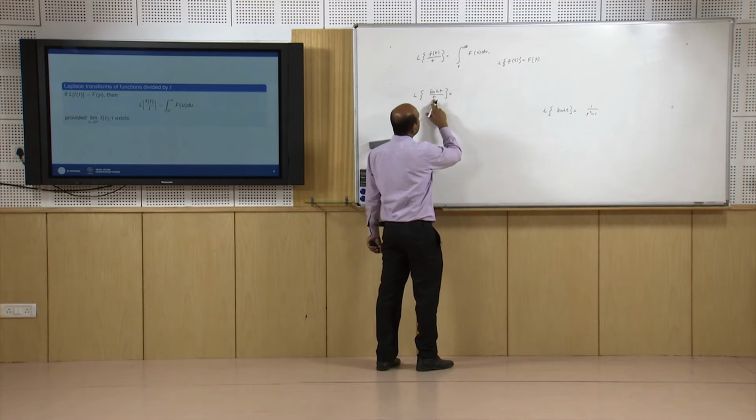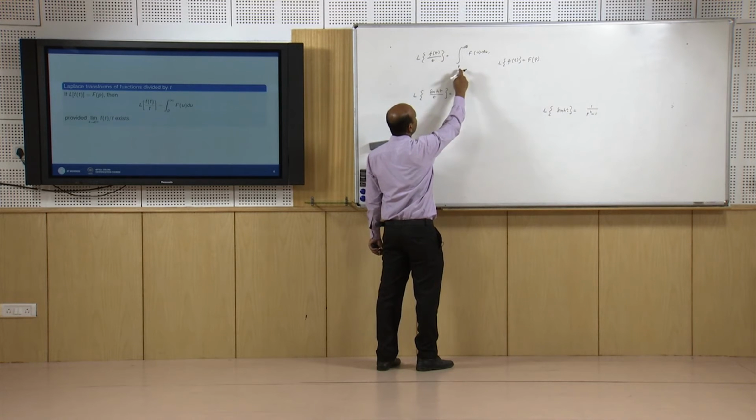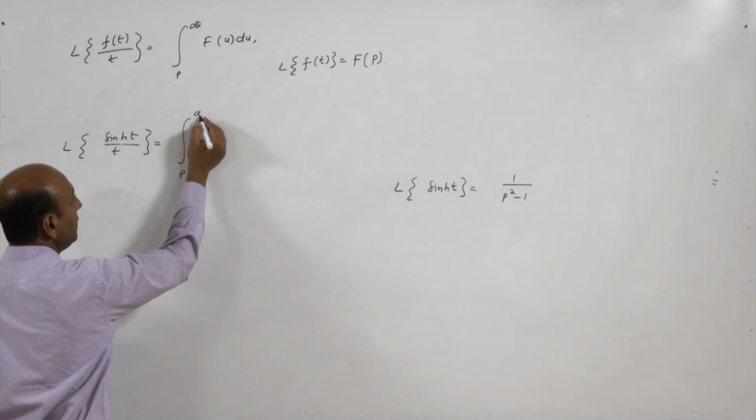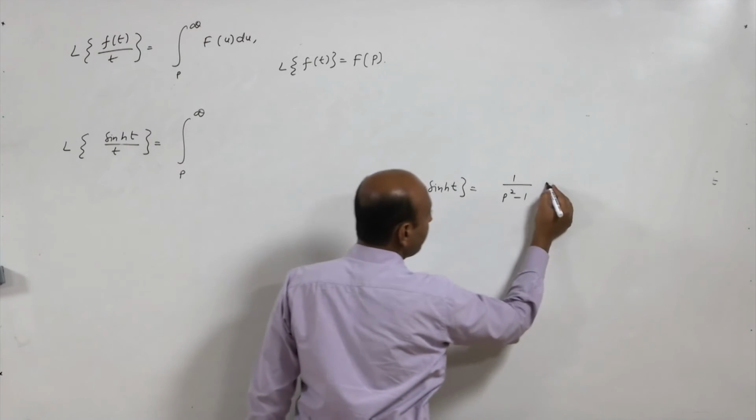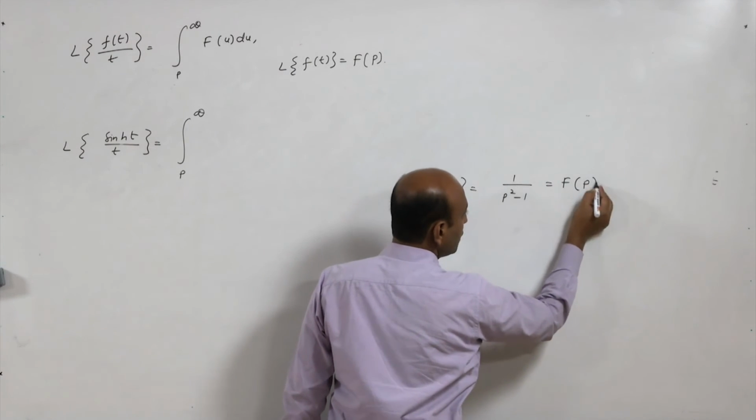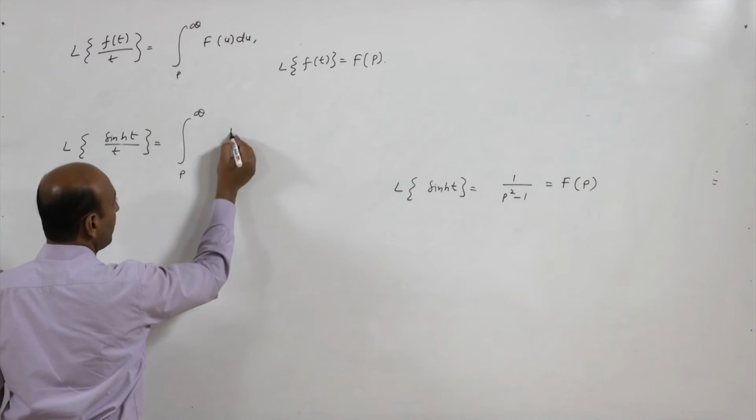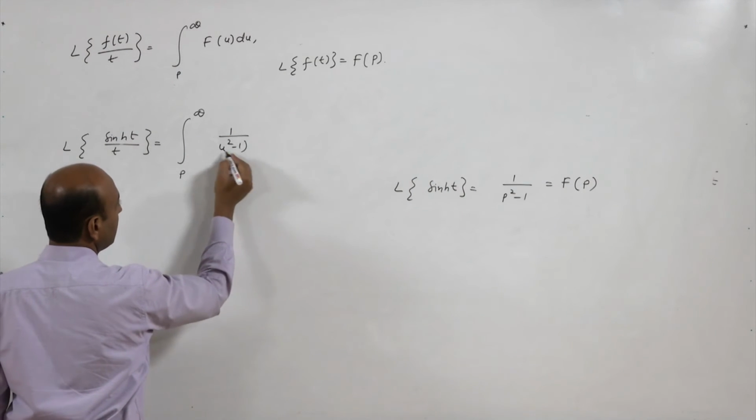And division by t is there. For division by t we have the integral from p to infinity of F(u) du. So, here this is F(p), and F(u) is 1 by u square minus 1, into du.